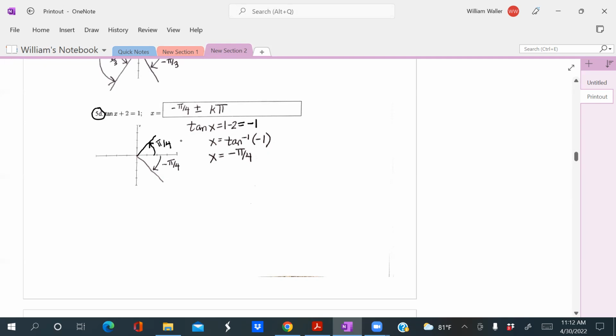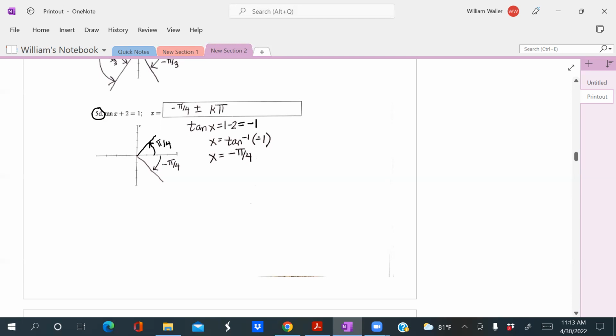In fact, it must have reference angle pi over 4. But pi over 4 is not the answer here, right? Because the tangent of pi over 4 is positive 1, not negative 1. So we have to find an angle in the proper quadrant whose reference angle is pi over 4, but where the tangent is going to be negative.